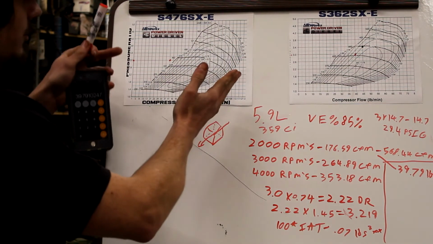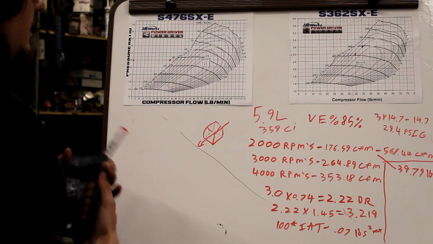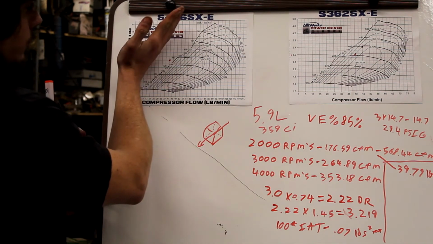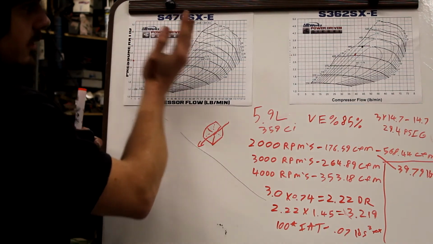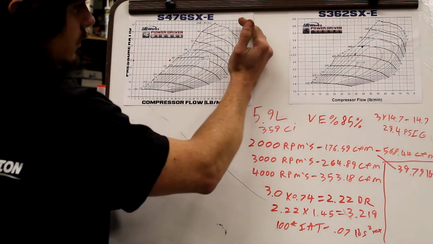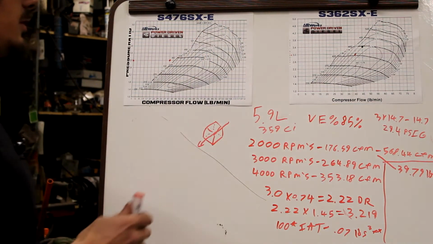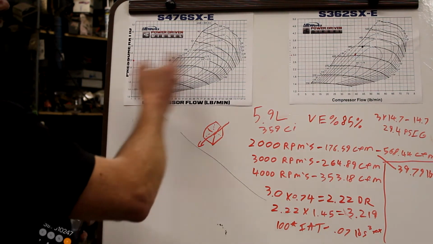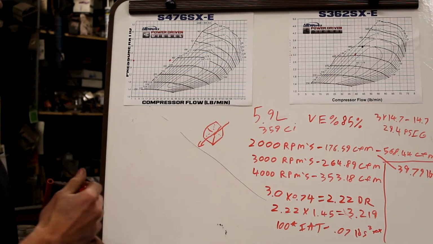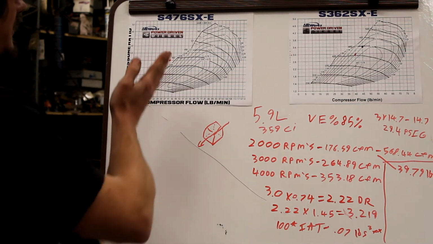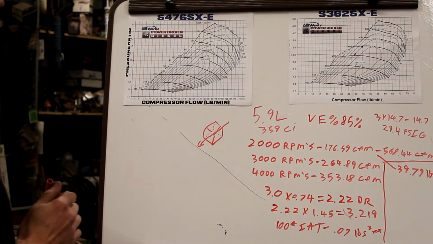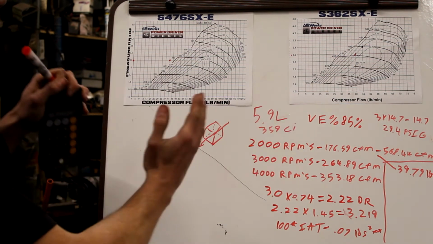They make these maps pretty foolproof. The actual surge line, the real unstable surge line, is more than likely over here somewhere. The more than likely choke line is over here somewhere. They put safety margin in so they're not having to fix these things all the time. Because if they put the line there, we would run there. So these are safety margins. I don't know what their safety factor is as far as the percentage that they shrink this thing.